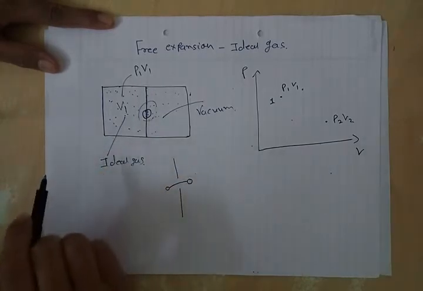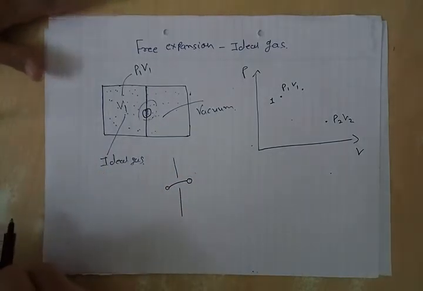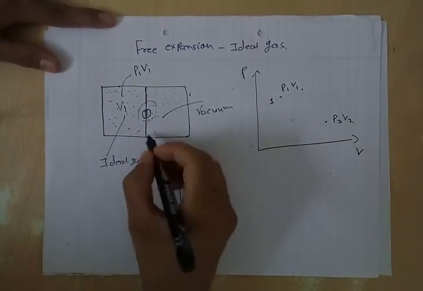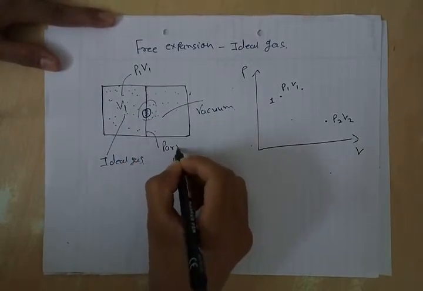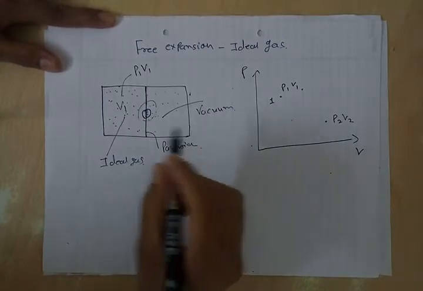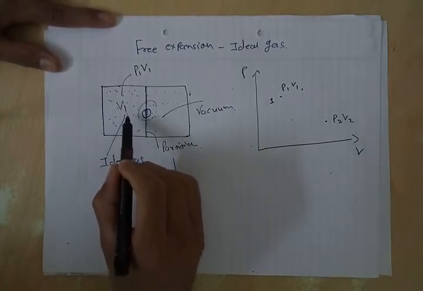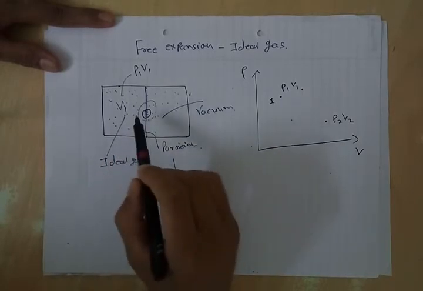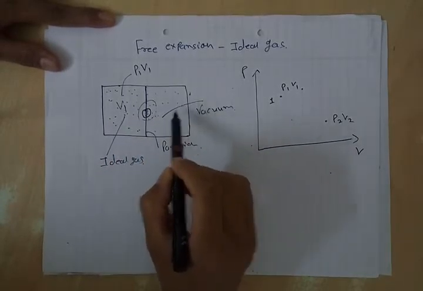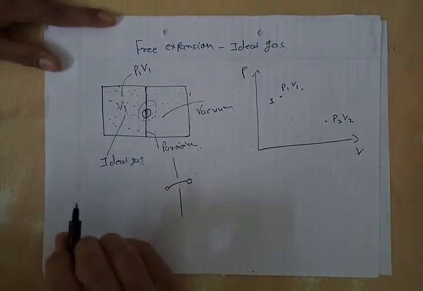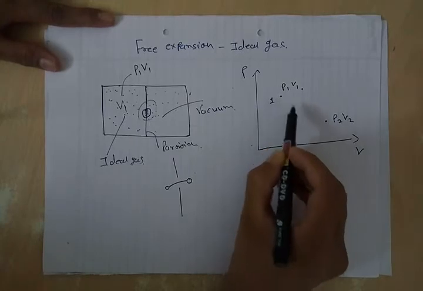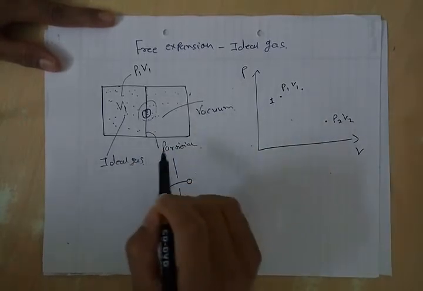Now this is a non-quasi-static process. When we rupture this membrane, this partition, then suddenly some of the particles will flow into the right portion.